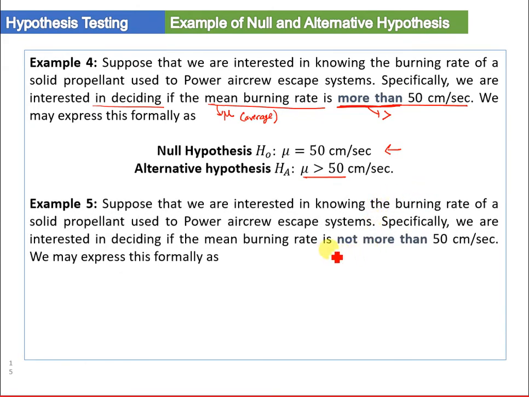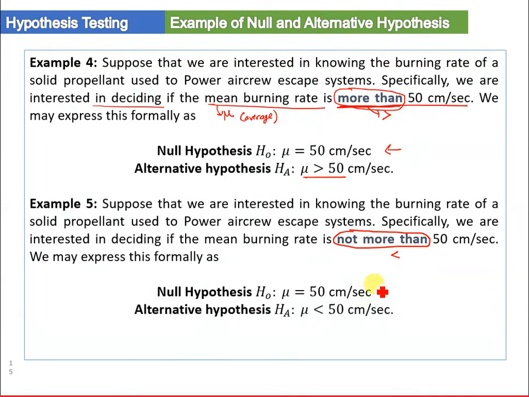Again, here the word was more than. If instead of more than I use not more than, meaning the negative of more than, which is less than, then the null hypothesis will be the same, but the alternative hypothesis will be different.